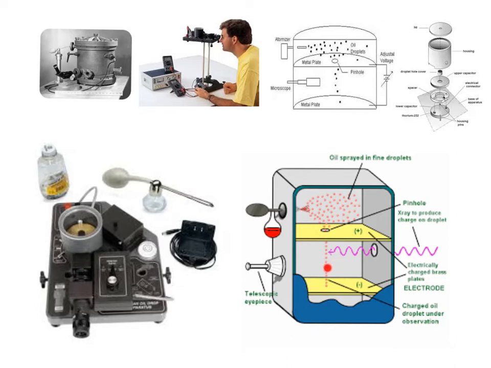So then what you'll do is you'll time how long it takes to rise and record that time. Then you'll switch the polarity of the plates, actually putting a force on it going down, and it will fall faster. And so in lab, what you do is you get the free fall time, the time forcing it up with the plates, and the time forcing it down with the plates.